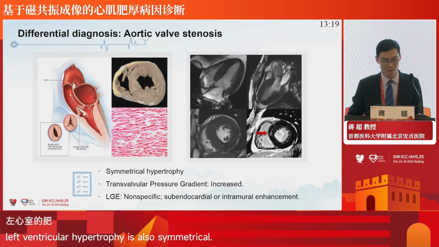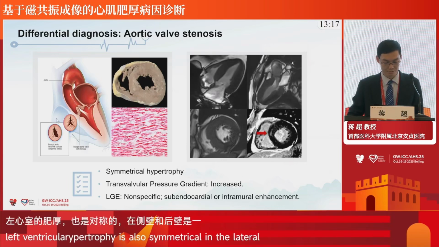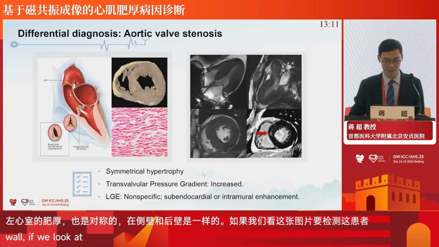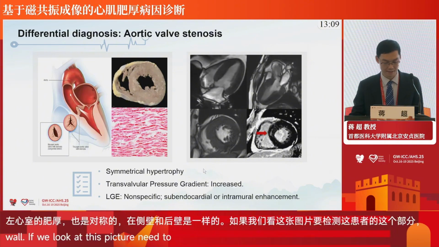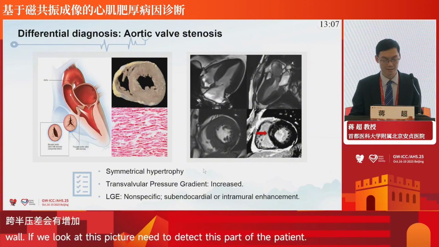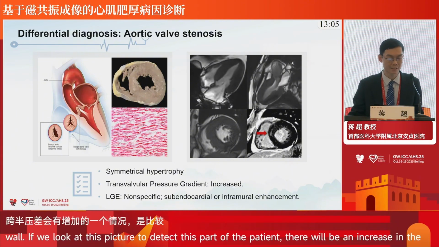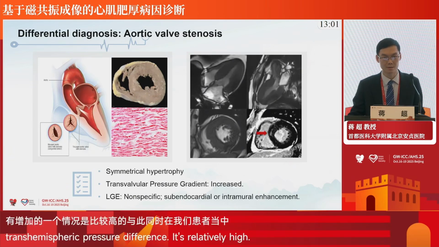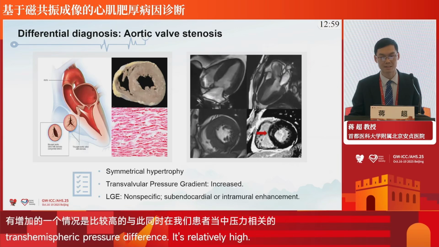And if we check the valve of the patient, we can see the transvalvular pressure gradient is very high. In these patients, this is pressure-related left ventricular hypertrophy. We commonly see no significant LGE.